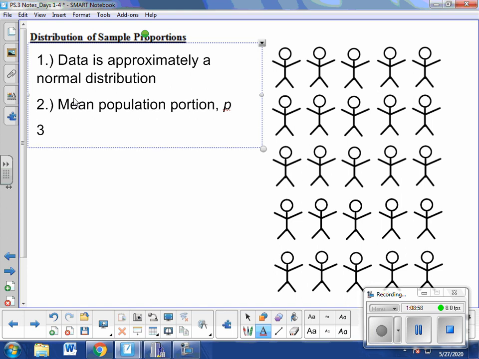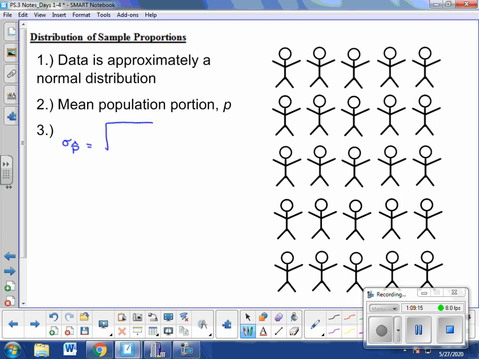The third thing, and this is going to be a little bit of an ugly formula, is that we want the standard deviation of P hat to fit a formula where we take the square root of P times 1 minus P, divided by N. We could talk about why this formula is the way that it is, but we'll save that for statistics.